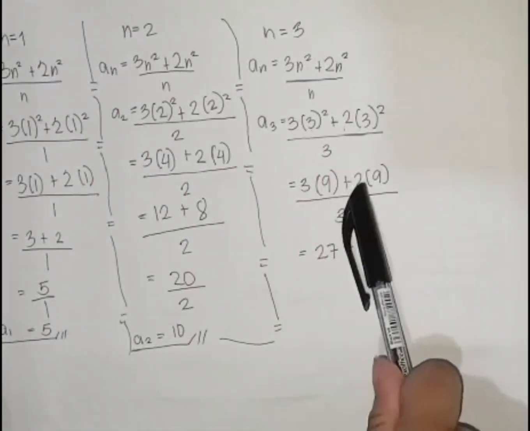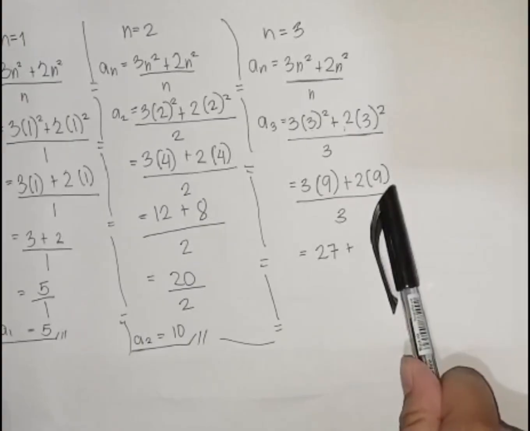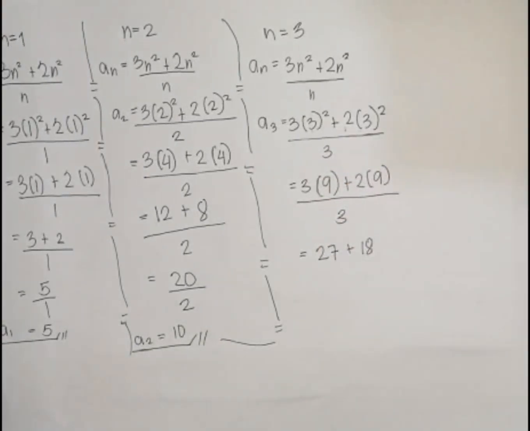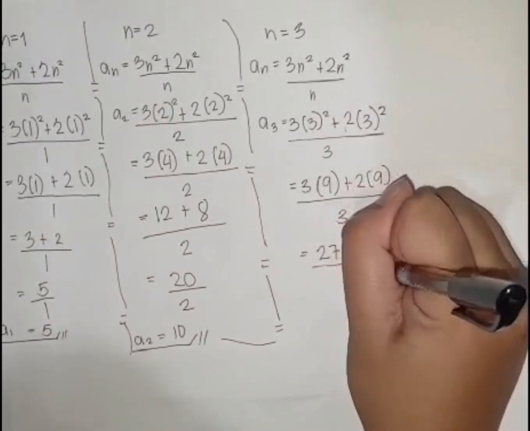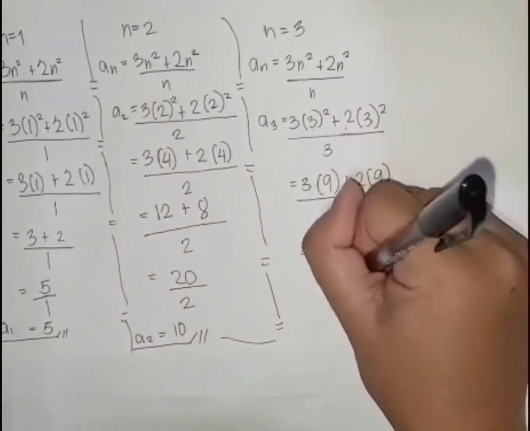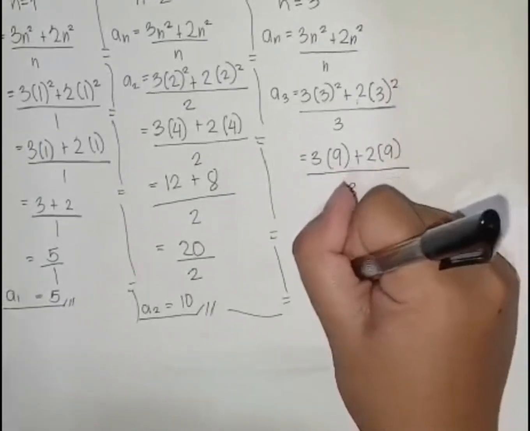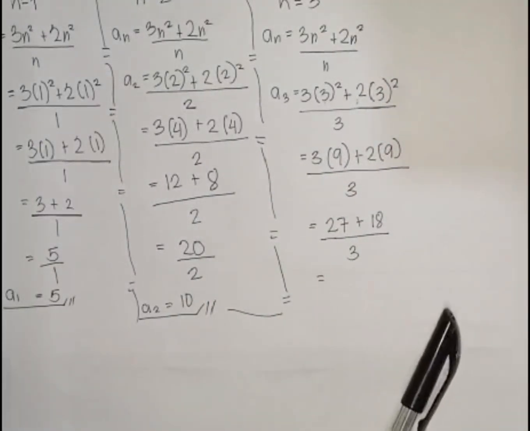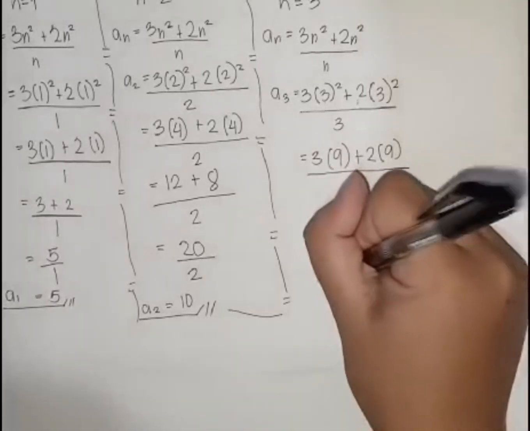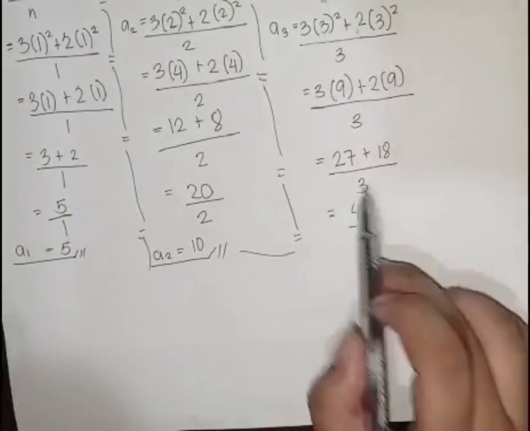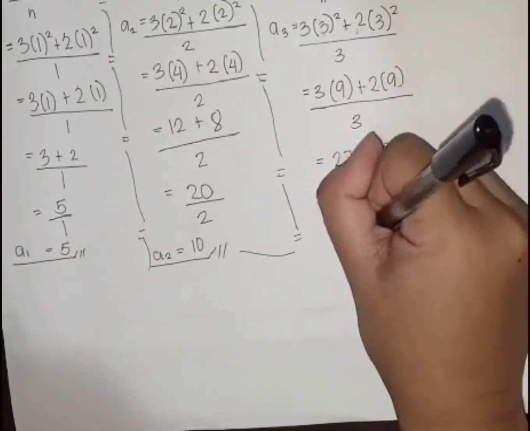Plus 2 times 9 is 18 over 3. So, 27 plus 18 is equals to 45 over, let us copy the 3, over 3.